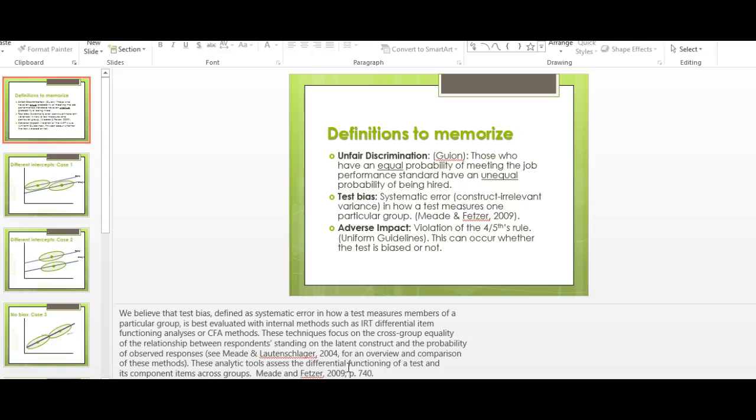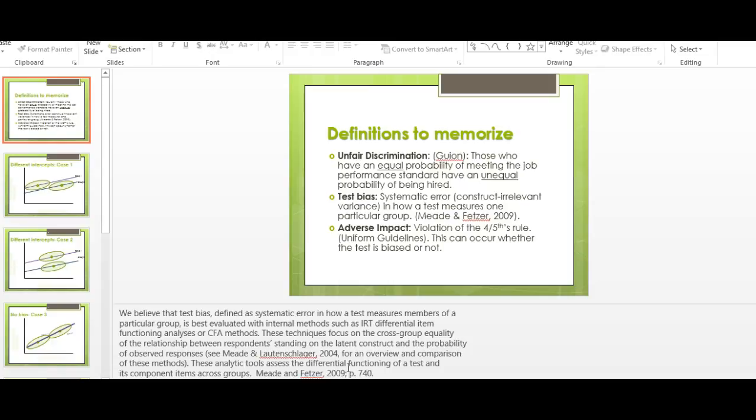And not just any construct irrelevant variance, but irrelevant variance that is correlated with group membership. So this test gives one group an unfair advantage. And since it's construct irrelevant, it's undesirable and we want to get rid of it.